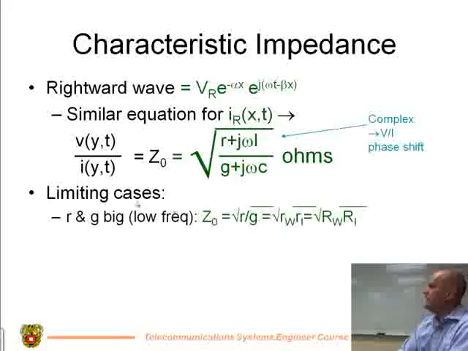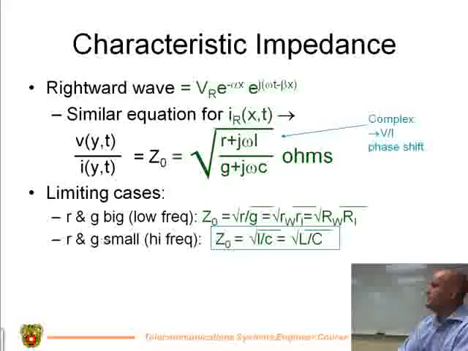Okay? So let's look at the limiting cases. If R and G are big, so at low frequencies, j omega L is going to be small and j omega C is going to be small, then Z naught equals the square root of R over G, which is the square root of the wire resistance times the interwire resistance.